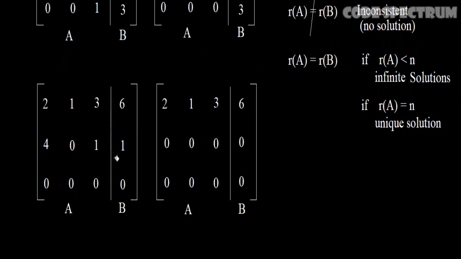And now if we say that the number of variables is equal to 3 and the rank is 2, then it is an infinite solution. This means that the system will have infinite solutions. What about this? This will also have infinite solutions, because the rank is 1 and the number of variables is 3. So infinite solution is there.